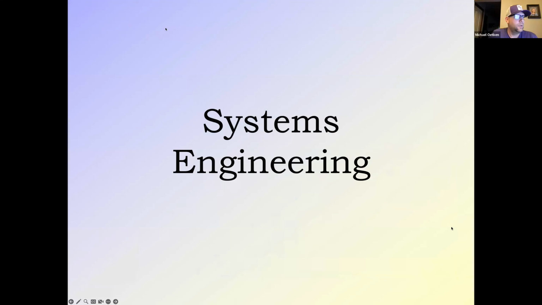Okay, so we're going to talk about systems engineering. Most businesses have some sort of system in place, and it relates to both the information technology side of things as well as the product side.